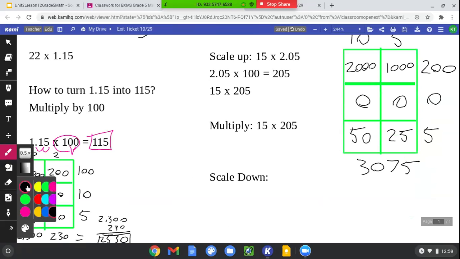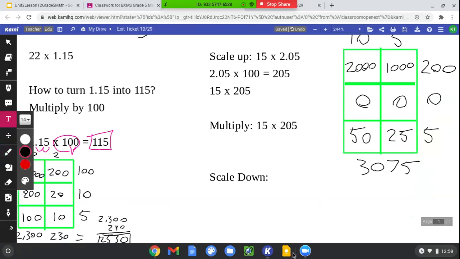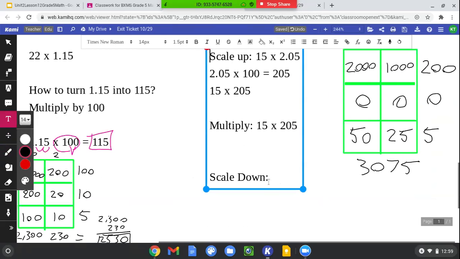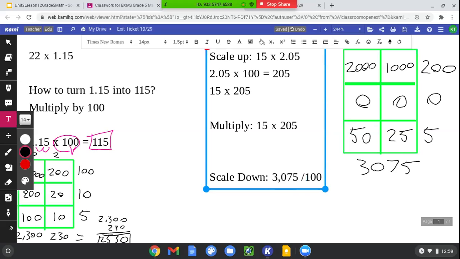So now we are going to be scaling down. And to scale down, I'm going to do the exact opposite of what I did. So I originally multiplied by 100. So now I'm going to divide by 100.